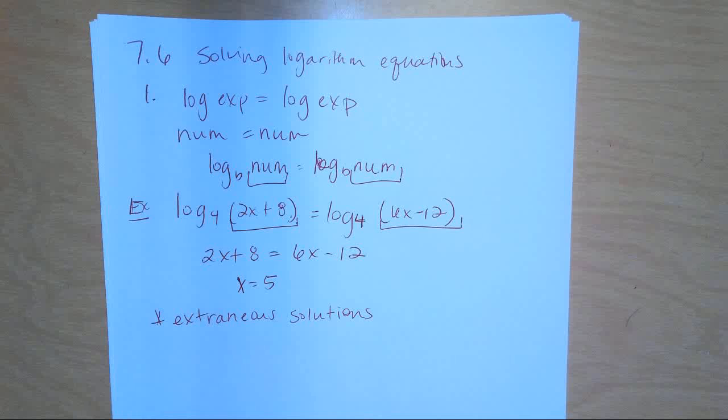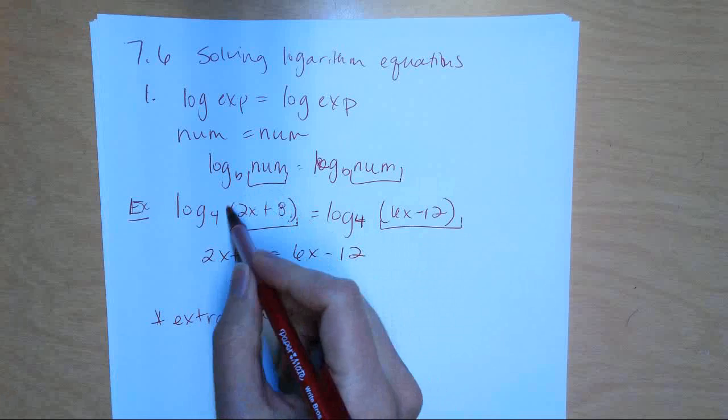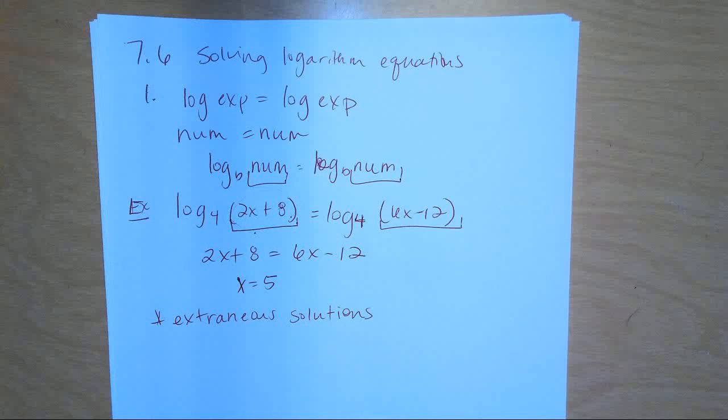What's the domain for log? What did you say? Yeah, what is it? 0. Okay, so we have x is greater than 0. So this has to be greater than 0. We can't take the log of a negative number.